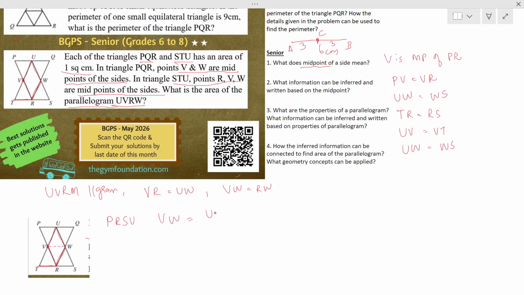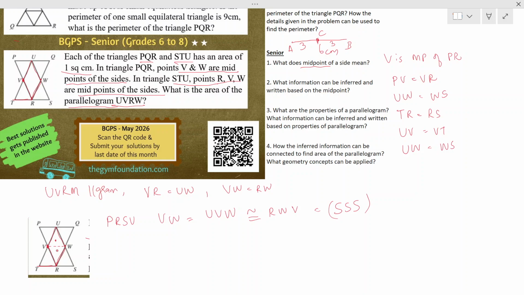What are those congruent triangles? UVW and RWV. UVW is congruent to RWV, because UV and RW are the same, and VW is the common diagonal between these two. So what congruency rule are we applying? Triple S. Based on the SSS congruency, we can say that these two triangles are the same.